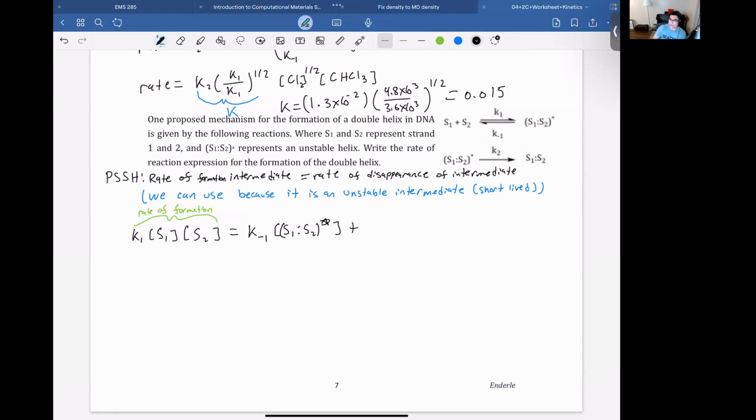It's still disappearing. You're still using it up to react in both of these. But you have to add those rates up, right? If I have two different places where it's being used at different rates, you just add them up. It's just a combination. So then I can say this is plus K2 times this unstable intermediate. Like that. Right? This is the rate of disappearance.